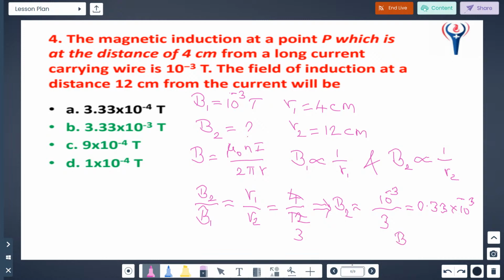Then B2 equal to 3.33 into 10 power minus 4 Tesla. So option A. Option A is the correct answer. Let's move to problem number 5.